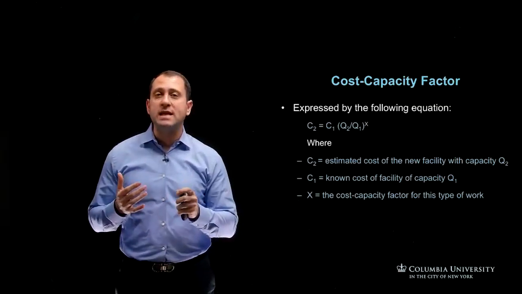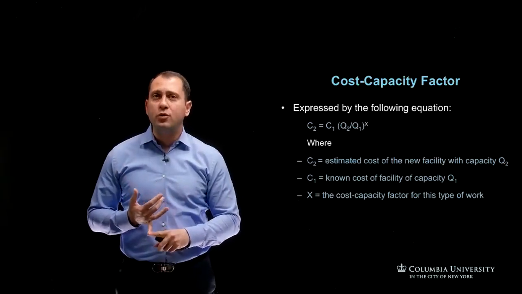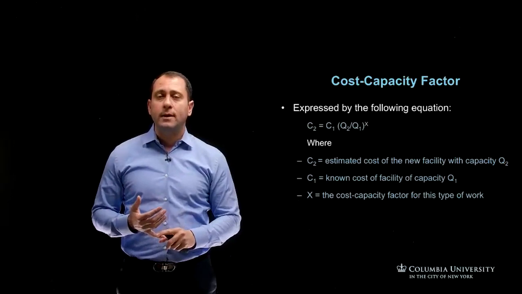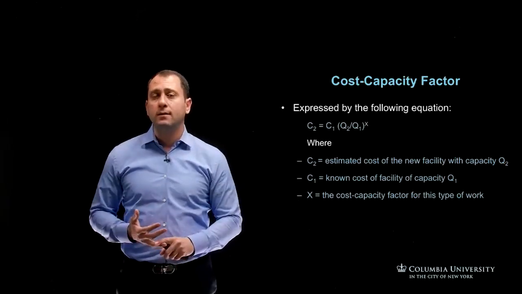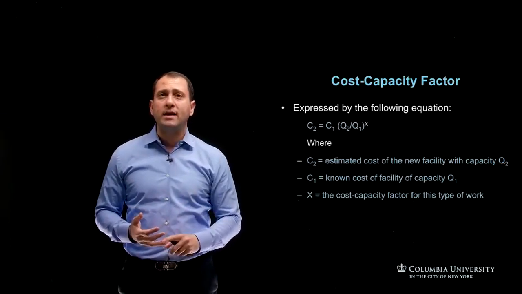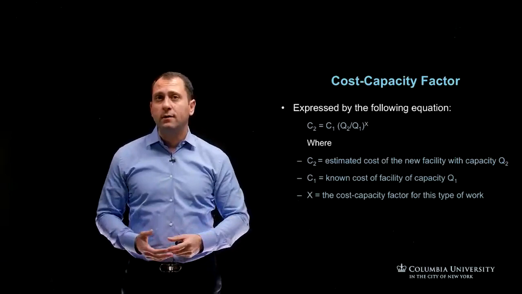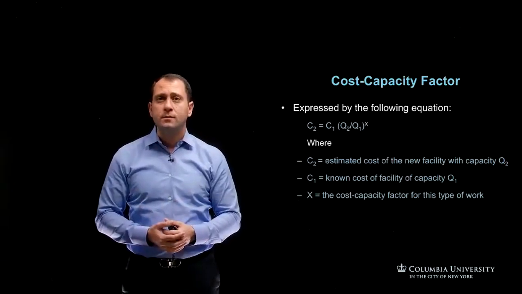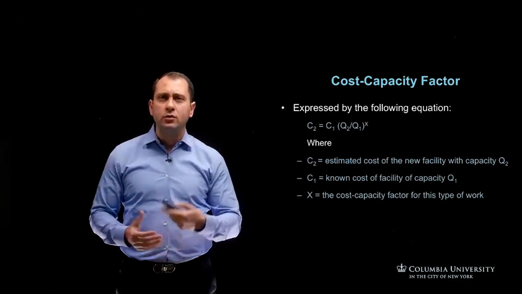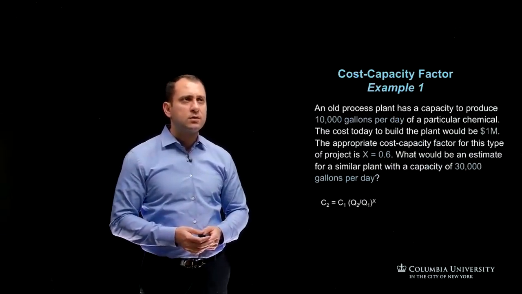If you have, for example, a Q for barrels per day produced by a refinery, tons of steel per day produced by a steel mill, or it could be gross floor area for a warehouse. Let's take an example here to highlight by numbers the cost capacity factor.